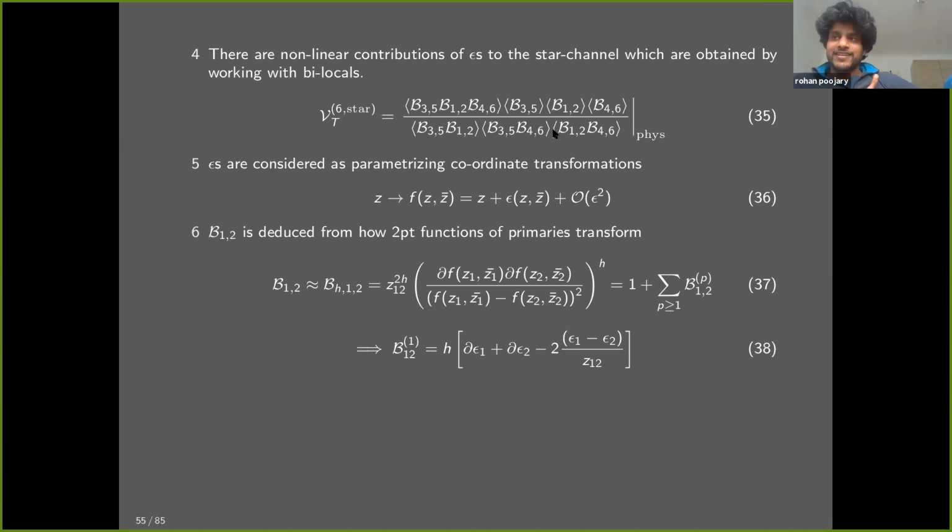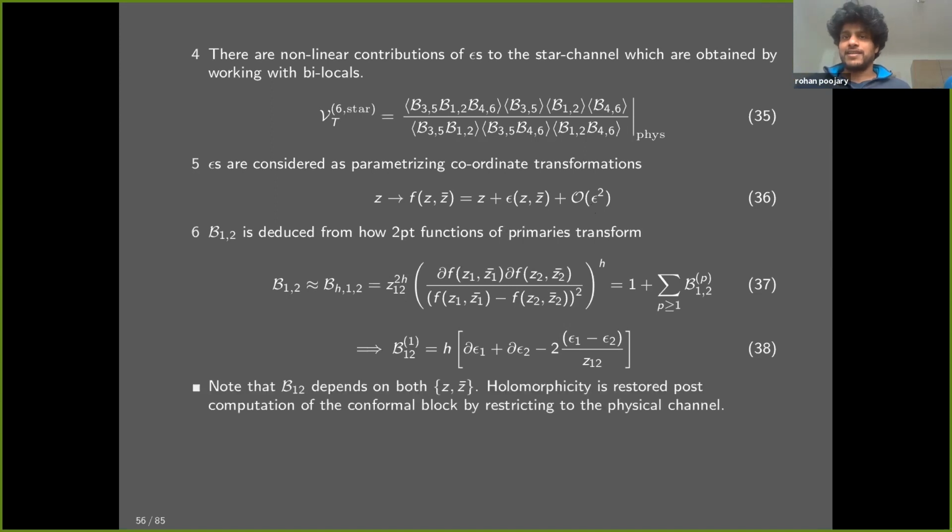I'm not kidding. They say if you want to get Virasoro contributions at a nonlinear order, we are inspired by work of these people. So we will use 35, and you plug in, expand it perturbatively, and basically compute 35.